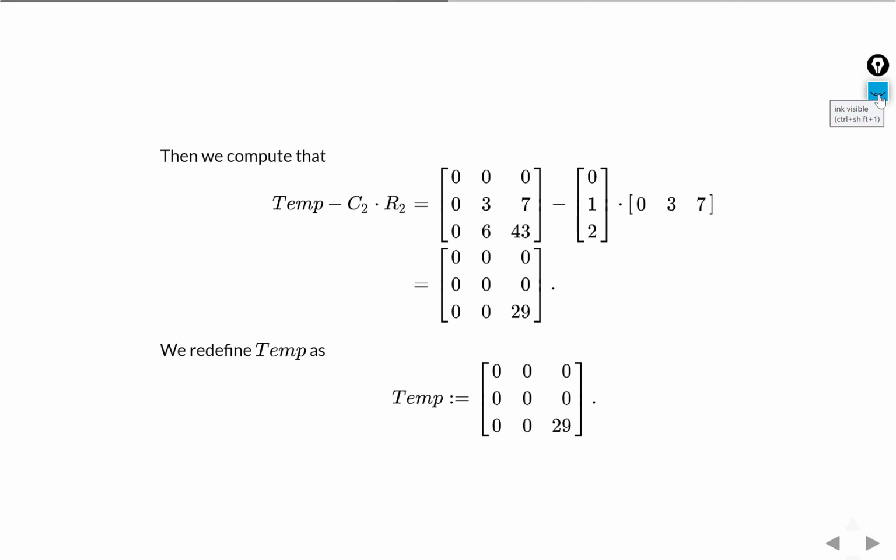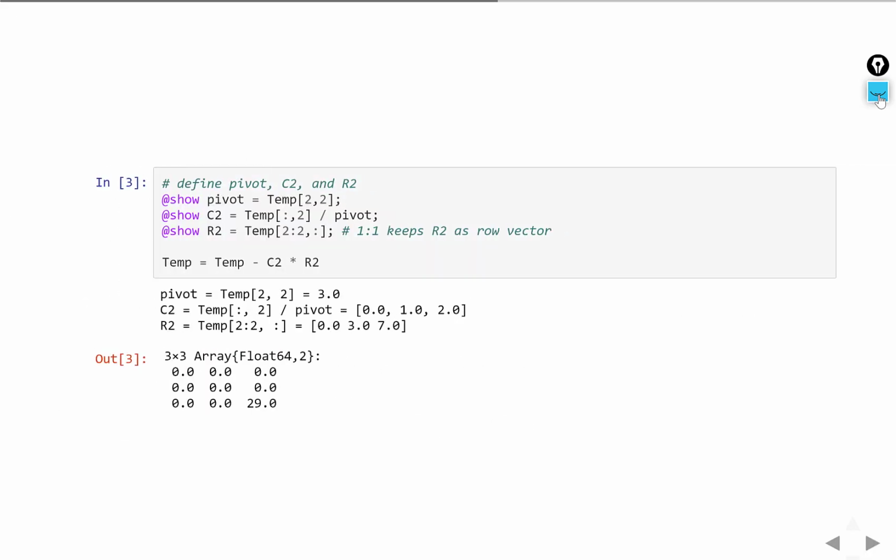Again, we subtract C2 times R2 from temp. This will result in zeros in the second column and the second row. And we define the results again to be our new temp variable. Again, we can verify this in Julia.